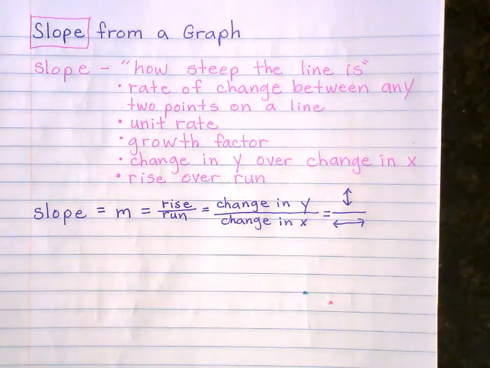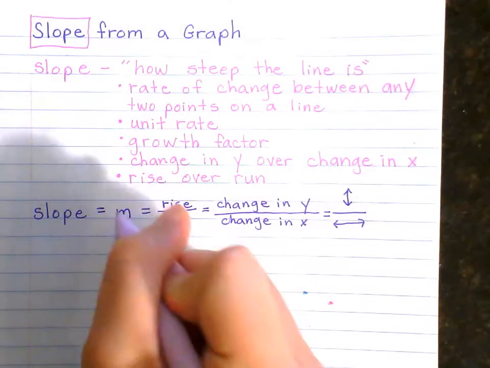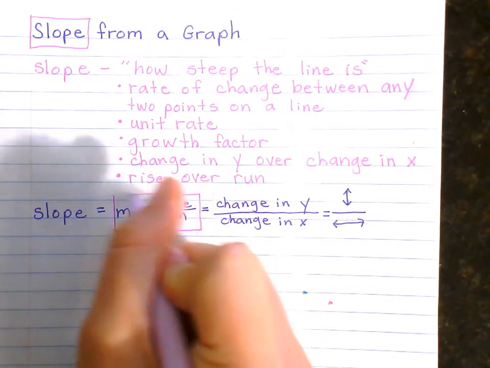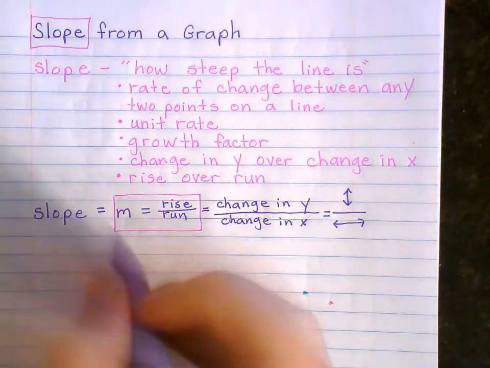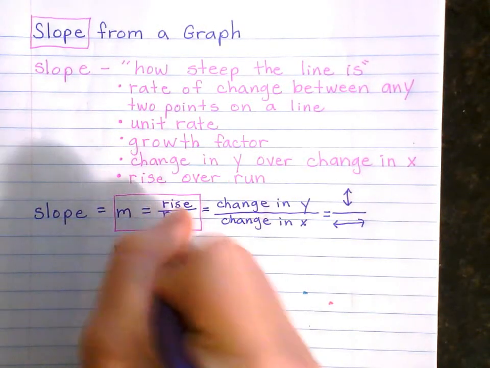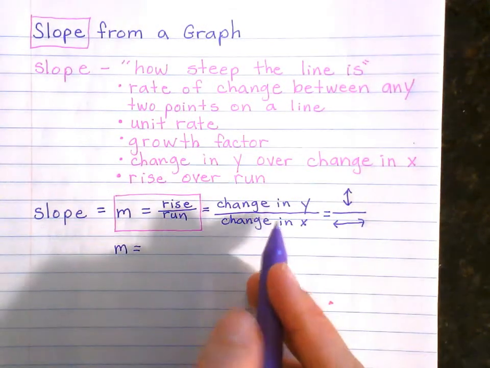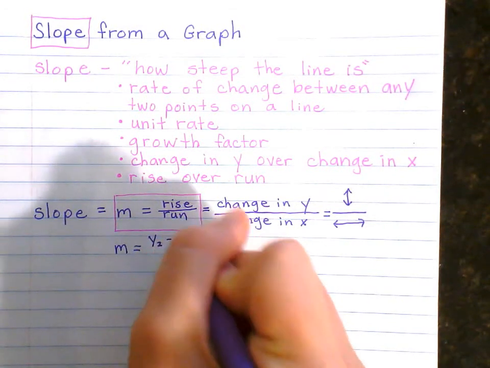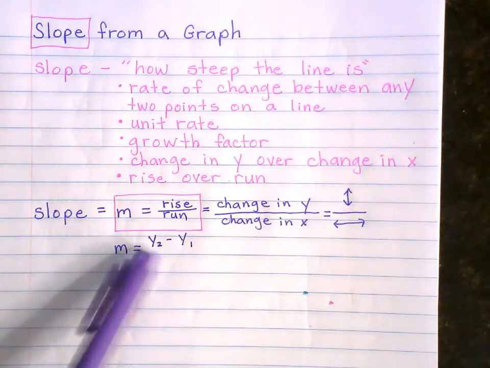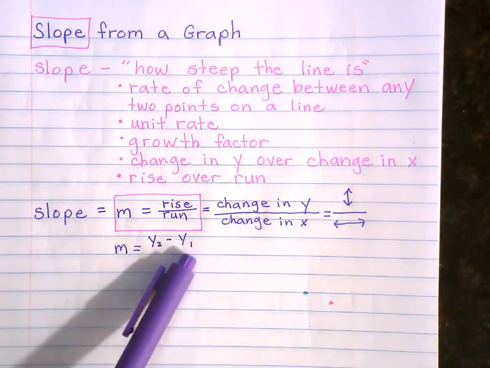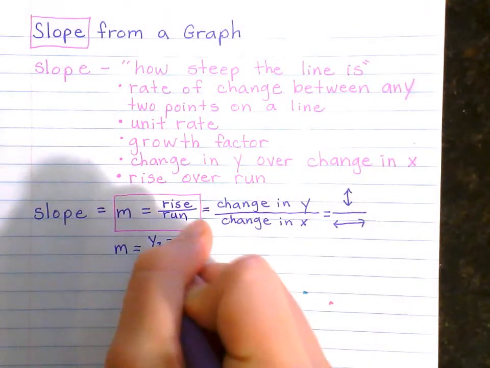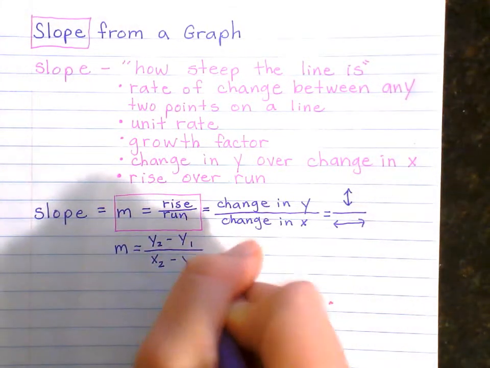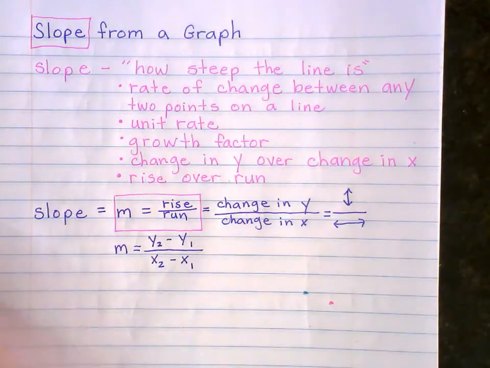So you'll see this equation a lot. M equals rise over run. You'll also see M, so slope equals, so change in y. So y2 minus y1. So that just means you take one y value and you subtract the other one over x2 minus x1.